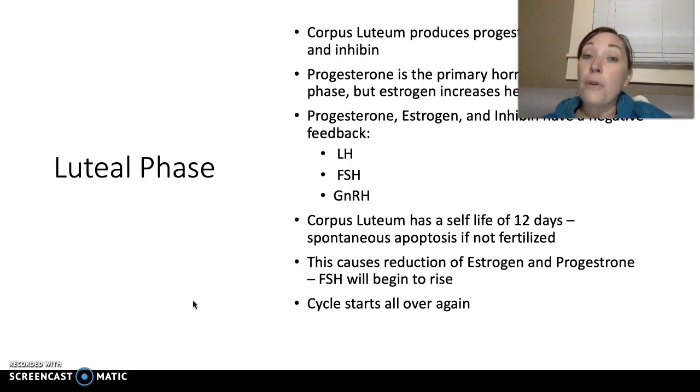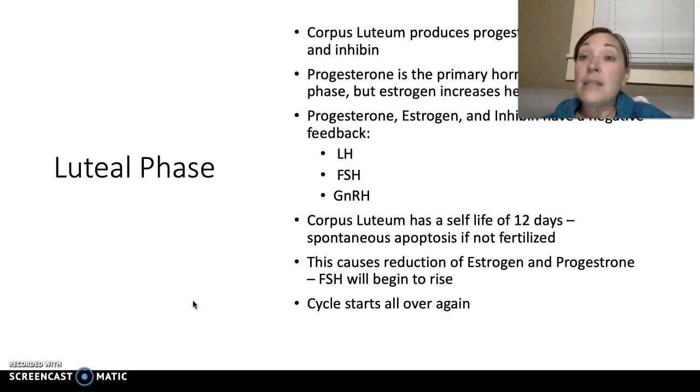So the progesterone, the estrogen, and the inhibin from the corpus luteum have a negative feedback effect on LH, FSH, and gonadotropin-releasing hormone. So these are very low during this phase, almost non-existent. The corpus luteum only has a shelf life of about 12 days, and it spontaneously apoptoses if not fertilized.